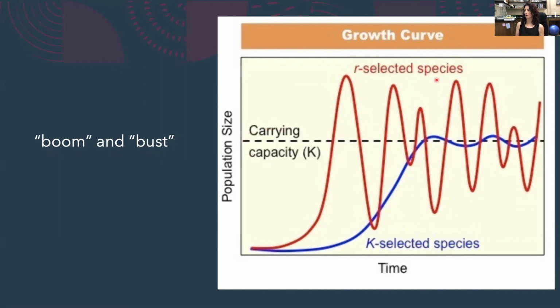By contrast, for our R selected species outlined in red, we see massive boom and bust cycles. So boom when that population increases above carrying capacity, and bust when resources are depleted and that population declines. And so we have rapid boom and bust cycles within the R selected species.